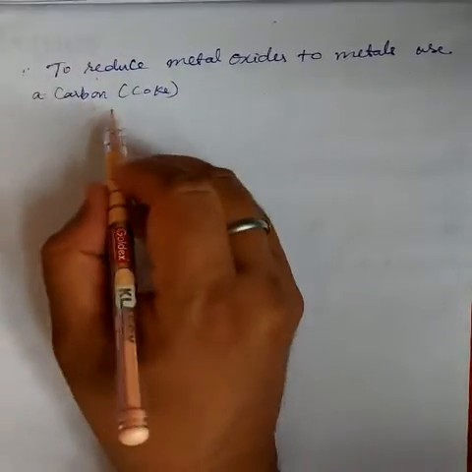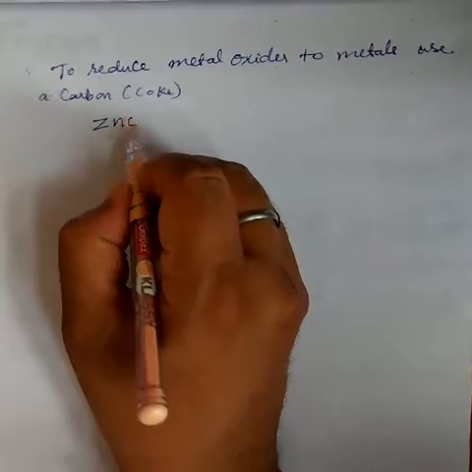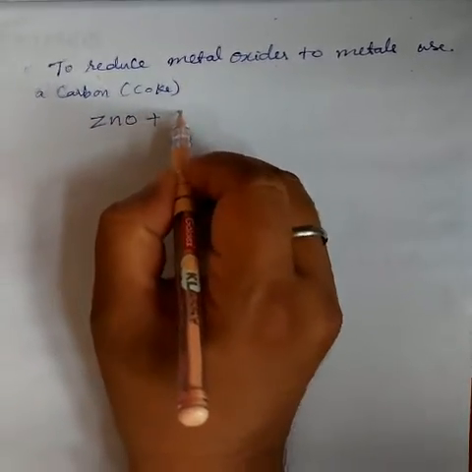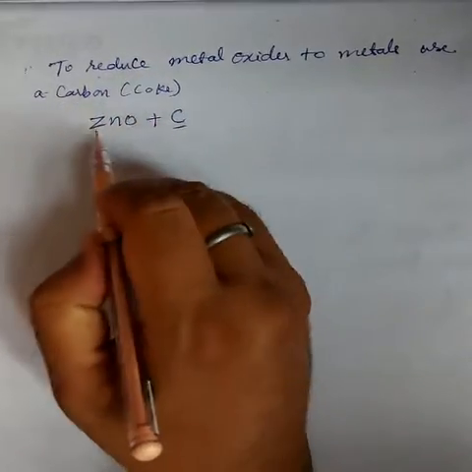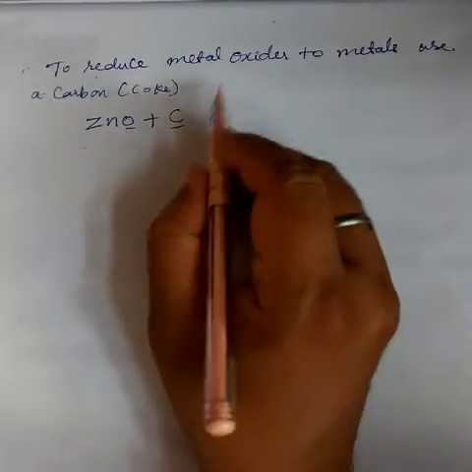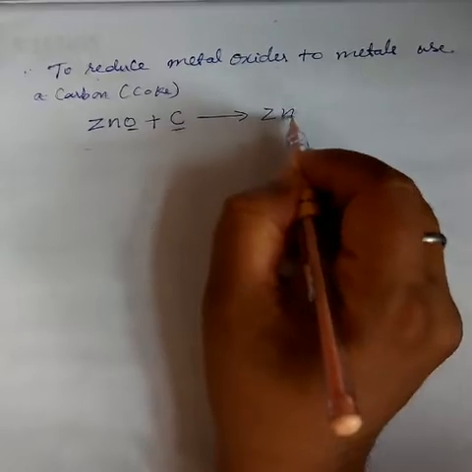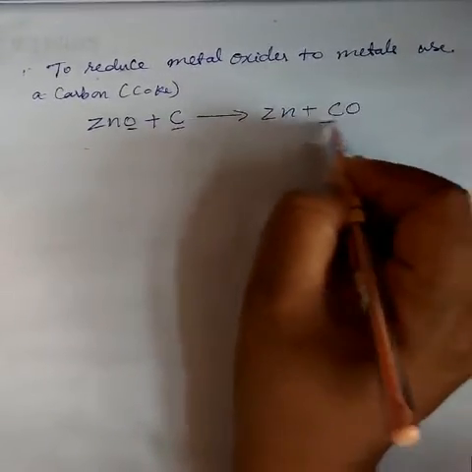For example, for zinc oxide, which we took in the previous class, to reduce that metal we use carbon, and we get zinc and carbon monoxide.